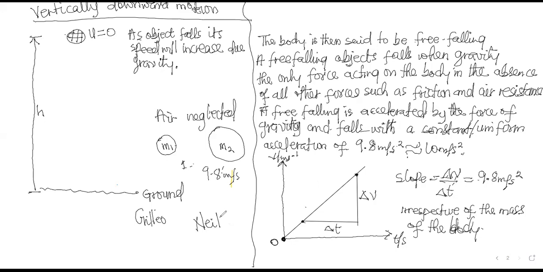And don't forget, the condition is that for free falling, air resistance and all other forces must be eliminated, and only force of gravity must act on the object. And when we have that, they will all fall at the same speed and at the same time on the surface of the earth. Frank, are you okay?